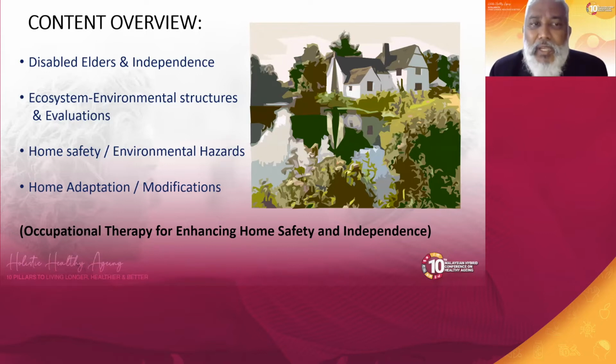Let me go through the contents briefly. We'll be talking about who the disabled elders are, and what independence means. And what the ecosystem or environmental structures and evaluations are that we can carry out. Talking about environmental evaluations, there's no point if we don't talk about home safety and environmental hazards available in the homes of elderly persons.